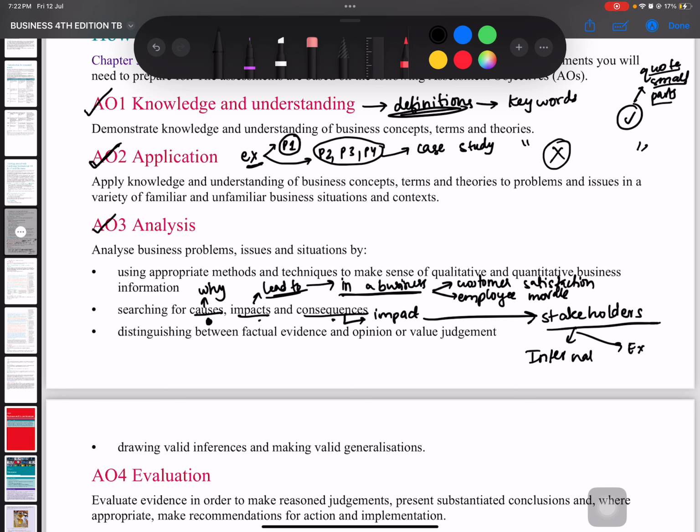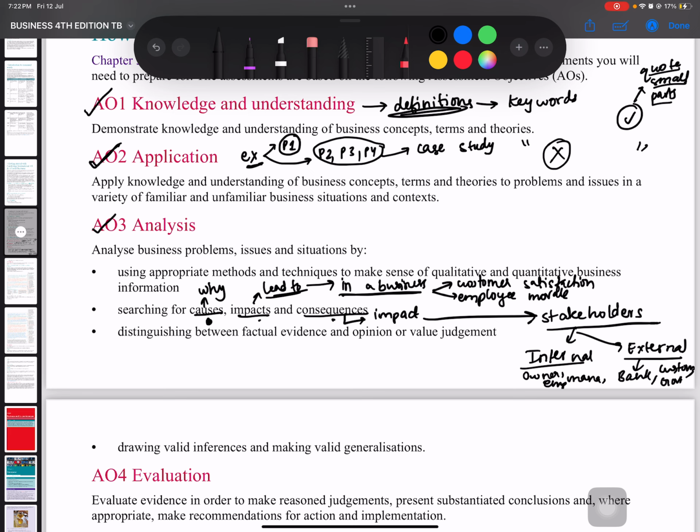External ones include customers, banks, and government. All these people are impacted by any decision the business makes. Whereas internal ones are owners, managers, and employees.